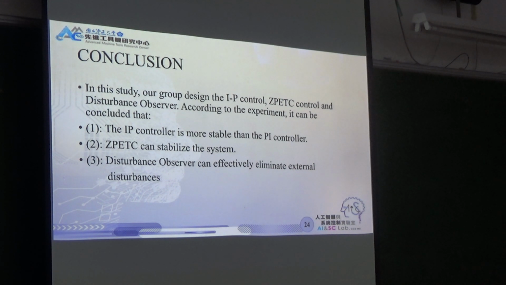Feedforward. Will a feedforward controller affect stability? No. But you say DPETC can stabilize the system. How can you get this conclusion?